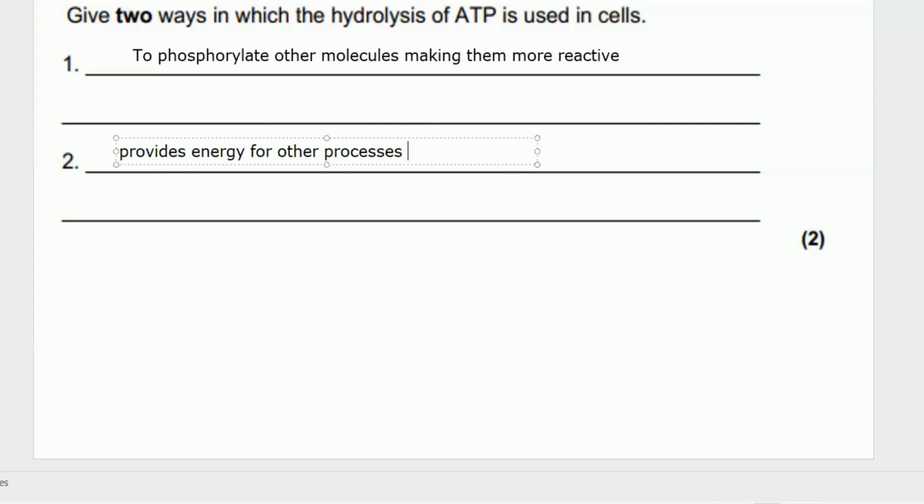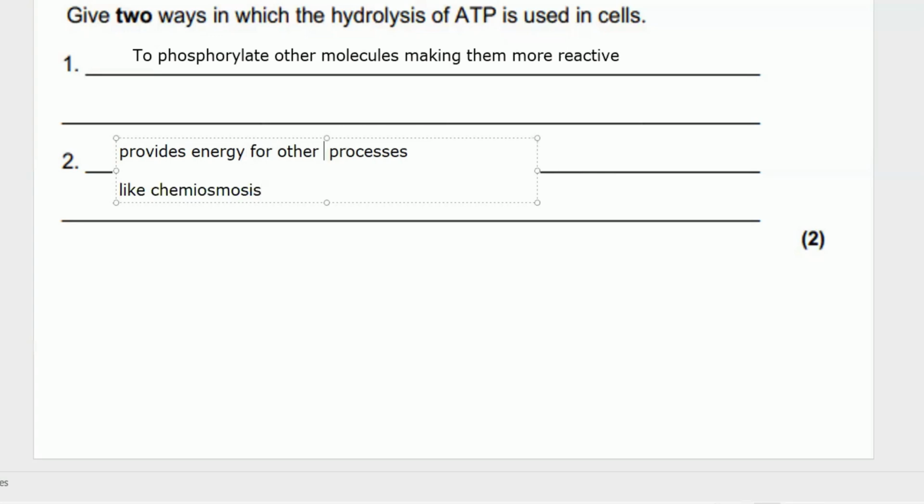You could talk about mass loading or active loading in the phloem, where we do the active transport of sucrose molecules in order to lower the water potential at the top of the phloem for mass transport, where water molecules move in by osmosis after that. You wouldn't need to go into all the details, but you could name a process which ATP is involved in. And there we go, we get another mark.